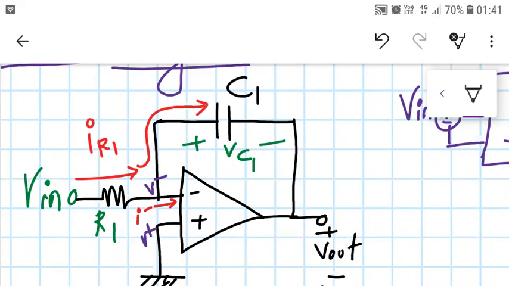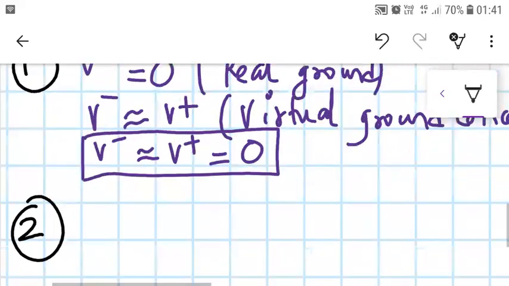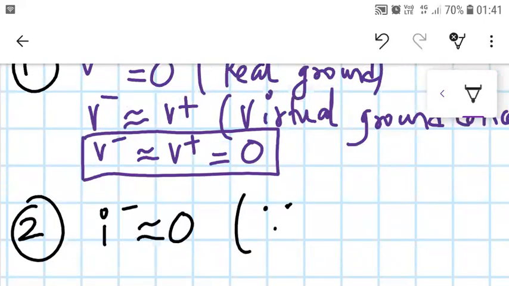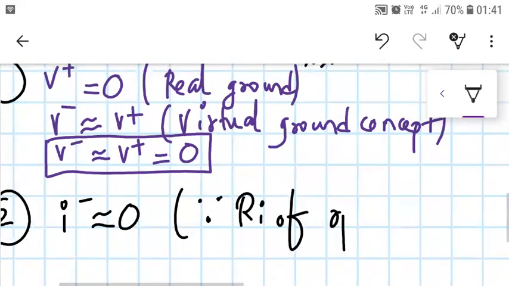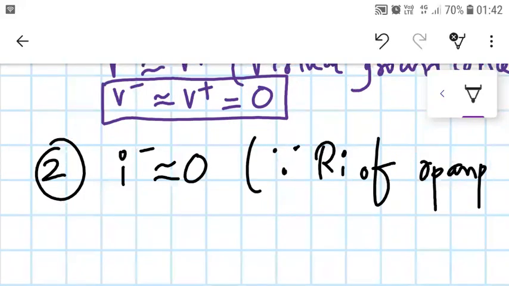IR1 will be V in minus V minus upon R1. So first of all, we can write I minus is approximately equal to 0 since Ri of the op-amp is very high. So that's step number 2.